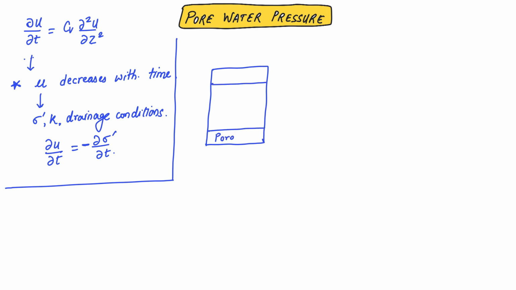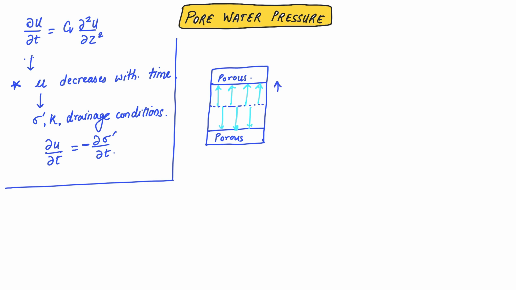So obviously water can move out from this particular soil in both the directions. That means here I can say that the drainage path will be in both the directions in the vertical plane, that is either in the vertically upward direction or in the downward direction.